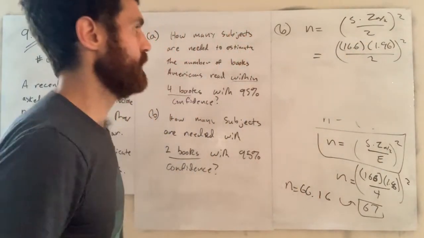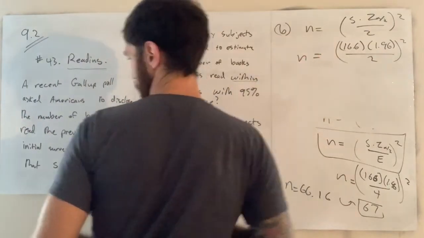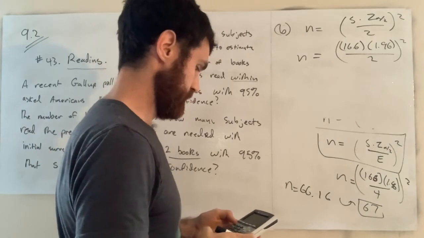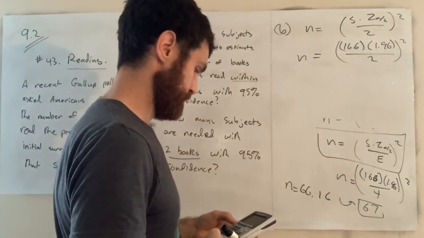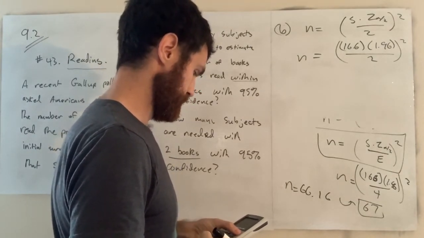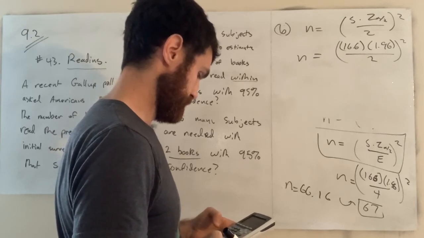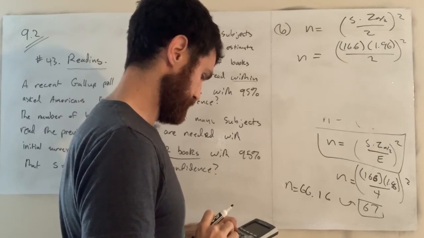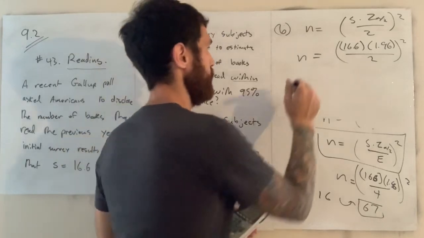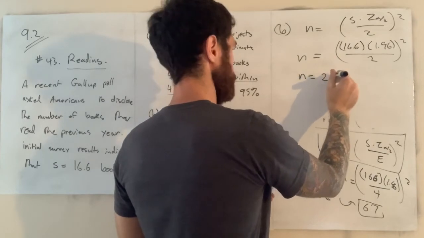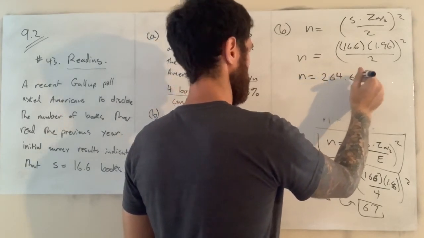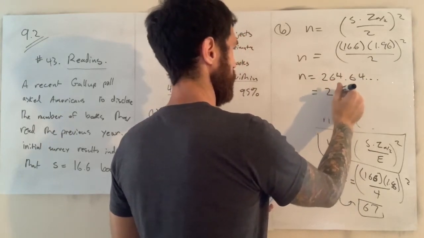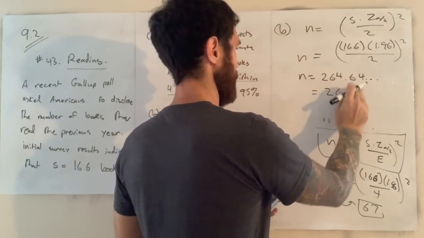And you're going to square that. That's going to be your n. And that's going to be n equals 264.64 and so on. Doesn't really matter, you're just going to round it up.